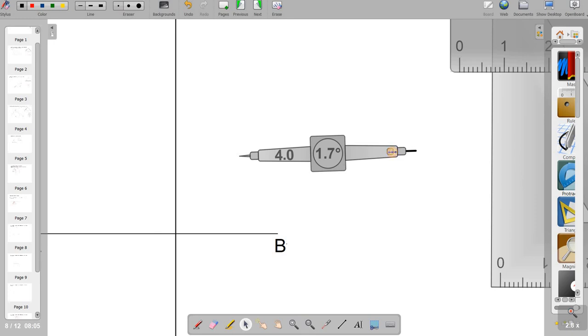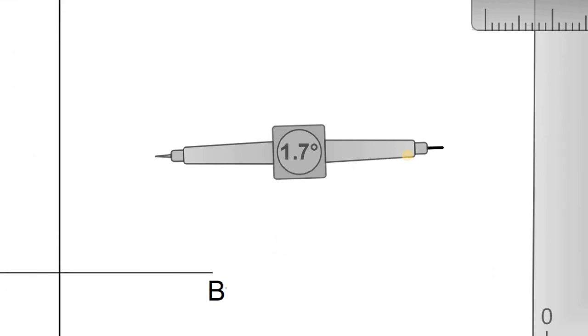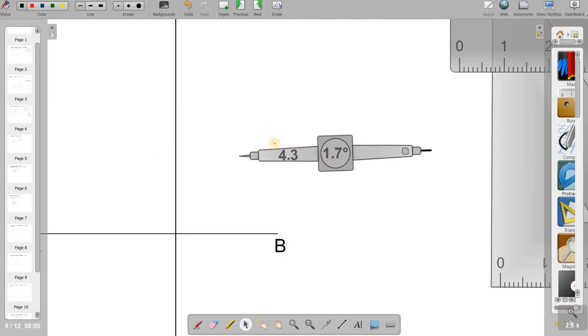So I am just clicking that compass to set the distance. I am clicking and dragging it right, so that now it is 4.3. As you can see here, it's at 4.3. It is shown here. This is the distance set.